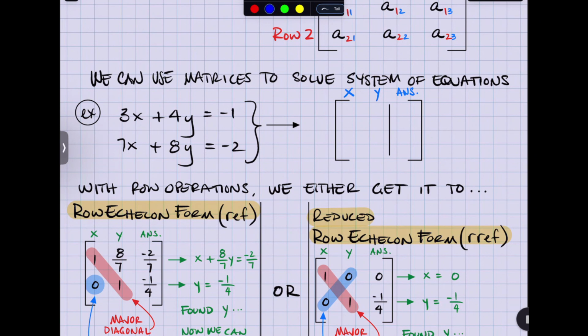So number one, when you write your equations, make sure they're in standard form. All the x's, y's, z's are on the left side, and the constants are on the right side as the answers. Okay? That's number one. Then what I would do is take the coefficients and put them under the correct columns. So since I have x, y, then the answer, my first row would be 3, 4, -1. My second row would be 7, 8, -2.